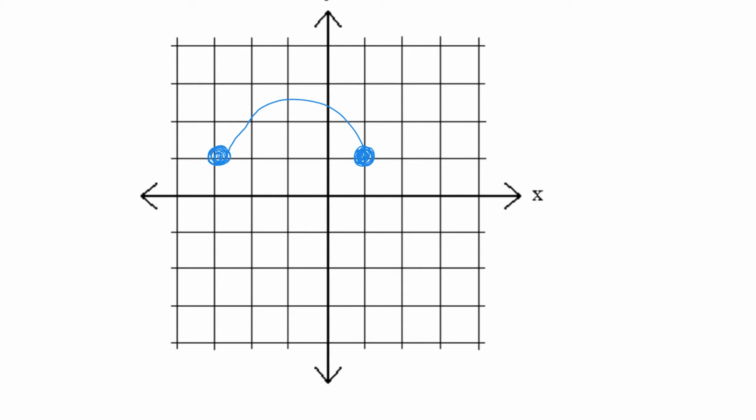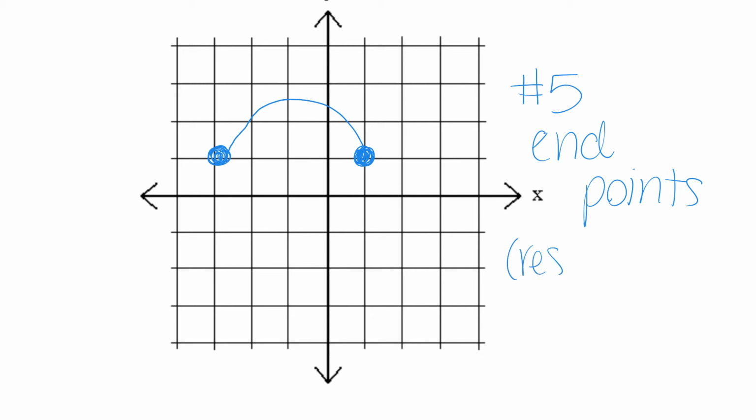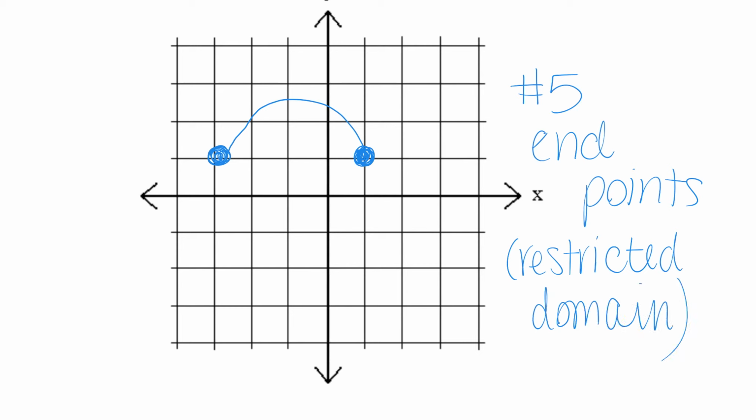So this is reason number 5, and it is called endpoints. If you've got a restricted domain for whatever reason, for some reason you've decided to cut off this graph, you've created endpoints, and therefore the function is not differentiable here at x equals -3 and x equals 1. It is not differentiable because of endpoints.